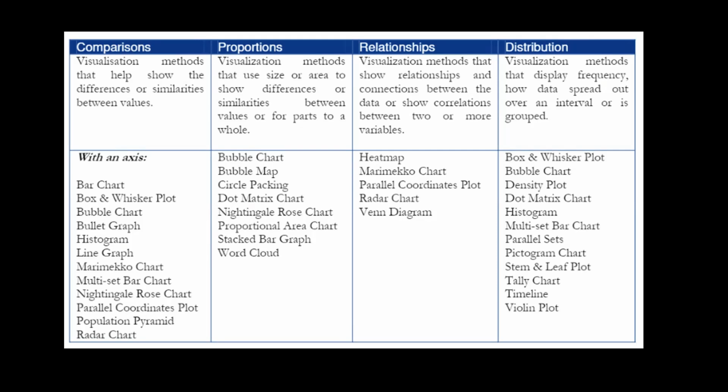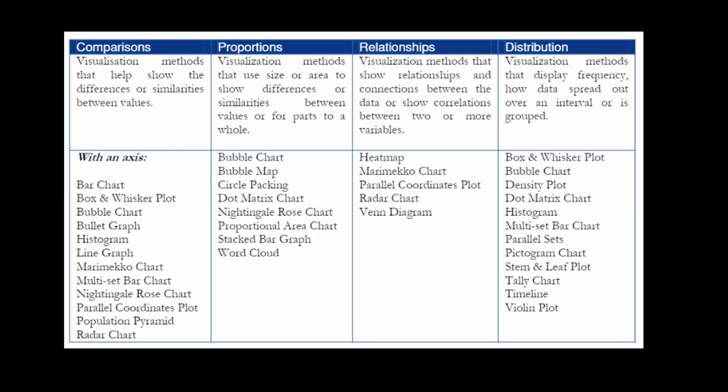So these are graphs that generally we use for comparison. You want to show the difference between two processes, two values, two data, two geographies, two products, or similarities between them. Then for proportion, this is bigger, this is smaller, this is 3 times bigger than this.